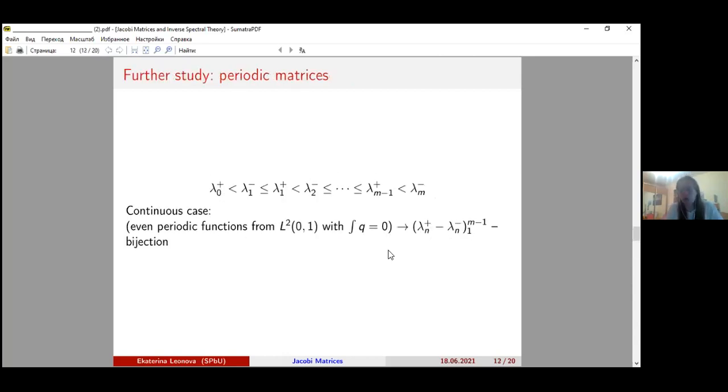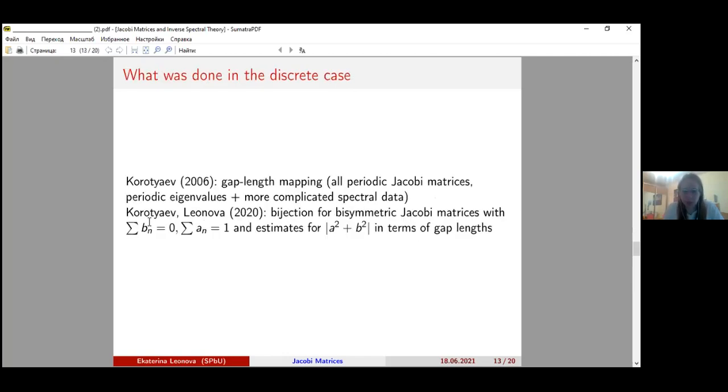We also know that the sum of b_n has to be equal to 0 and the sum of a_n has to be equal to 1, because all a_n are greater than 0. So we can have something like this, of course with the sum equal to 1.